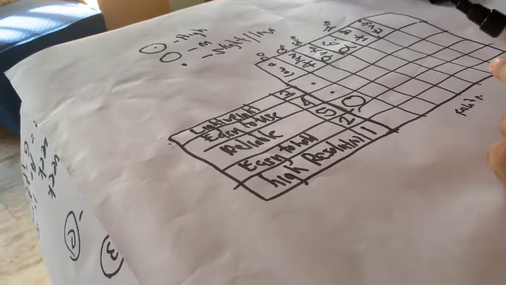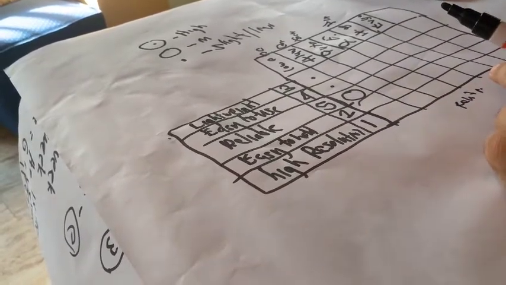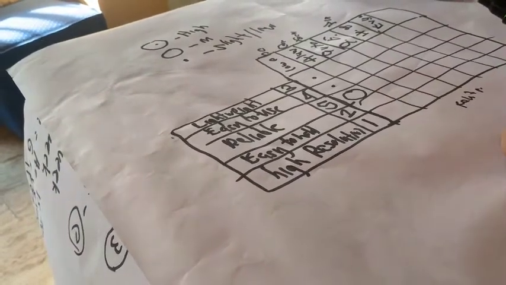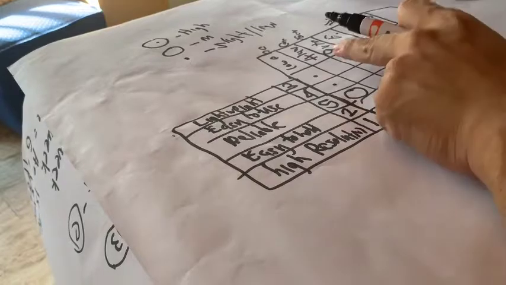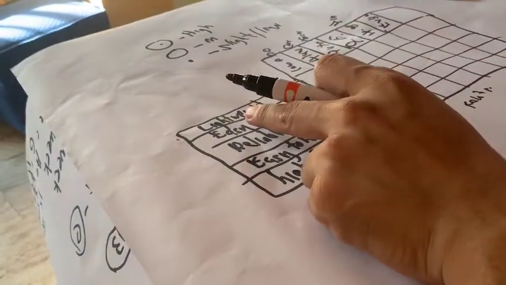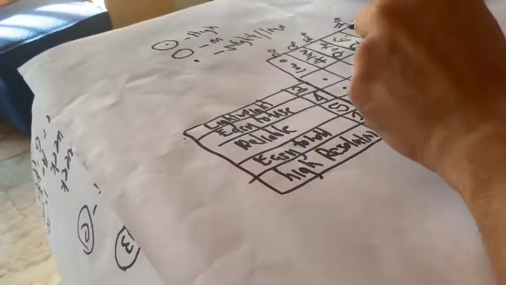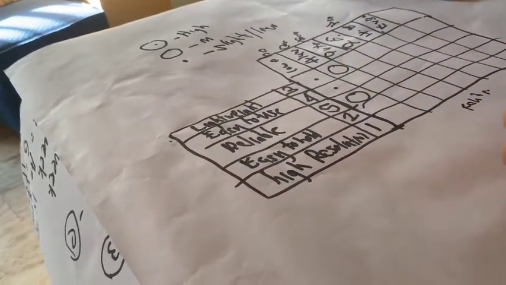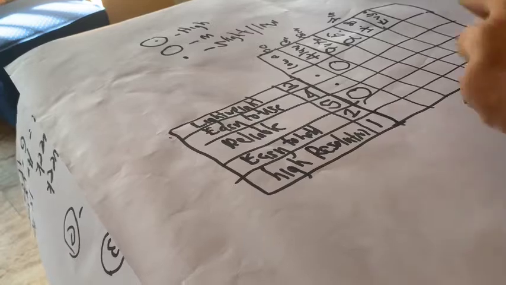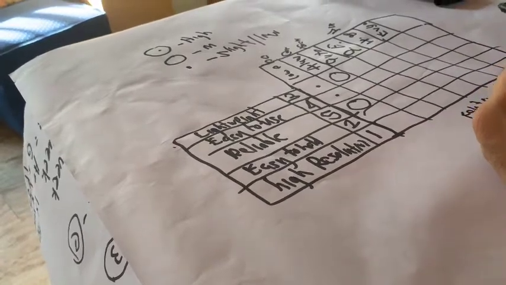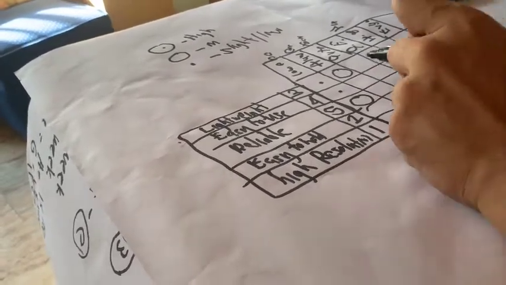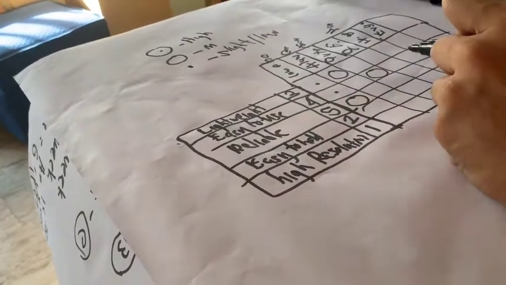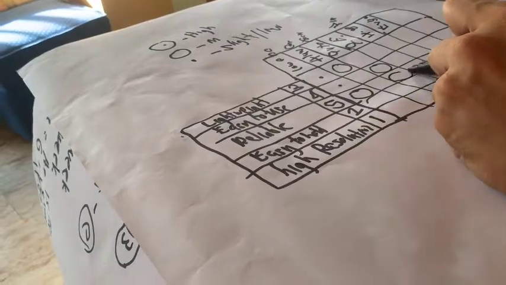Punta naman tayo sa yung pangalawa, that is aluminum component. Okay? Sa aluminum component, ang may relationship lang dito is lightweight, medium relationship. And then, sa third, which is autofocus, ang may relationship is easy to use and your reliability.